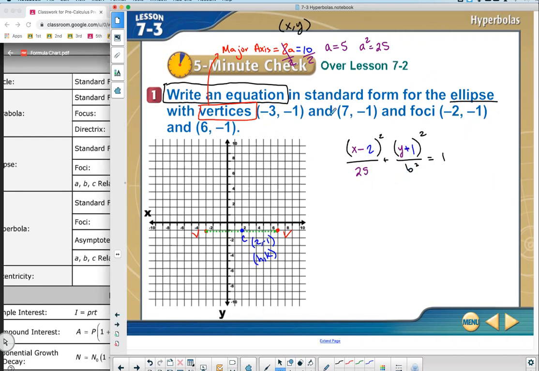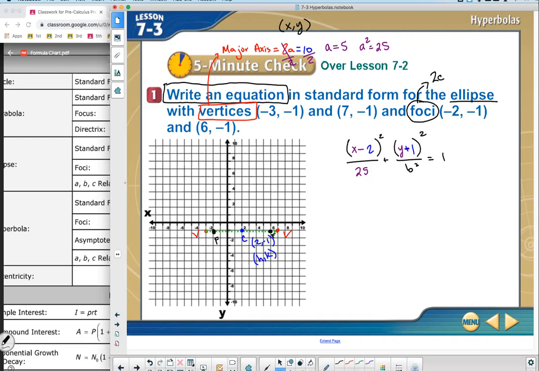So we found all that information, 3/4 of the answer based off vertices. Now it says foci. Foci, if you remember, are the reflection points. I want you to associate in your brain that foci is going to give you your 2c. So these points are left 2, down 1. There's a foci. And right 6, down 1.